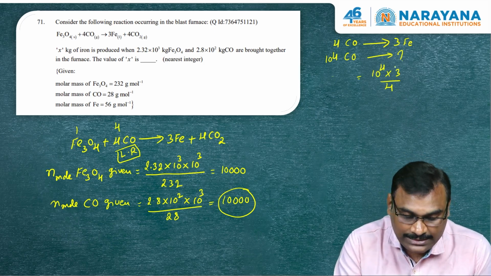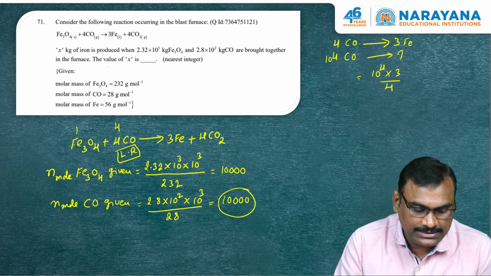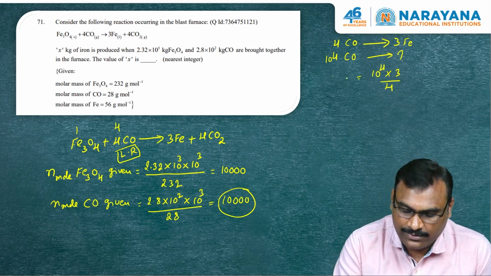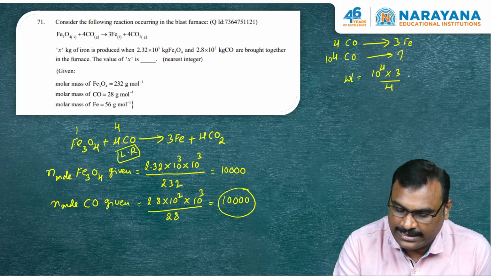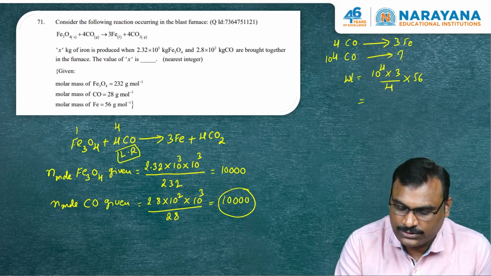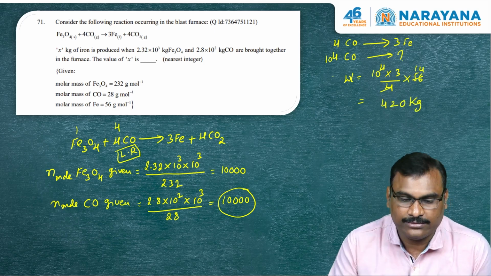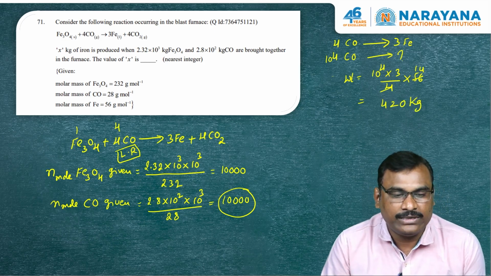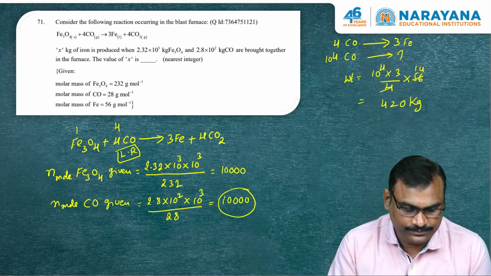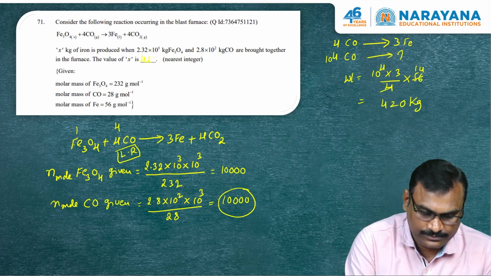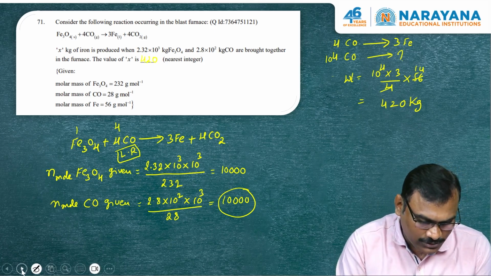But the question asked is in kg, that means weight of iron. I am multiplying with 56. After doing so, in kgs it is 420 kg. It should be 420 kg is the answer. Now go for the next question.